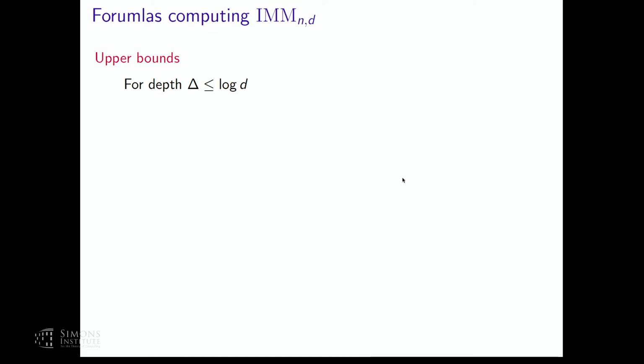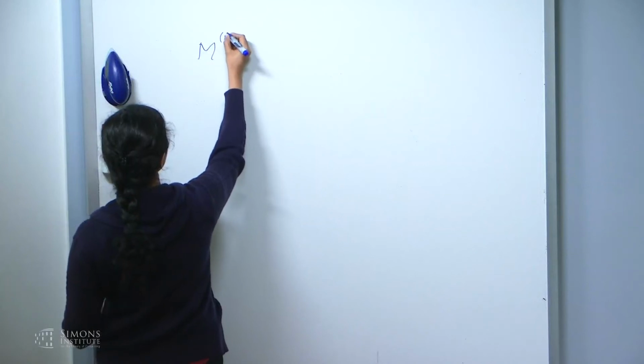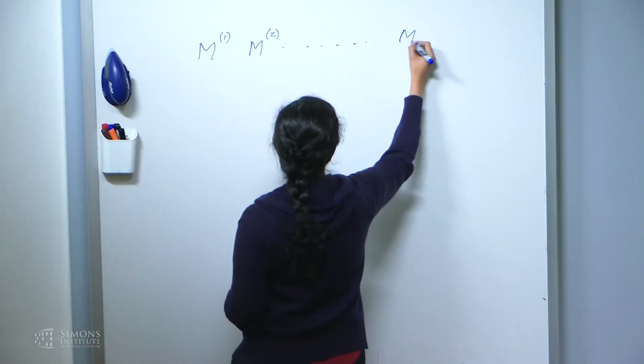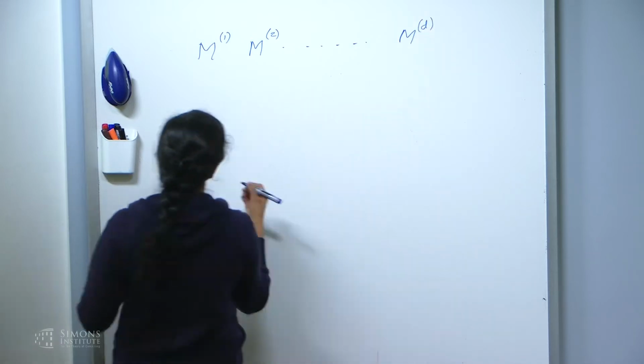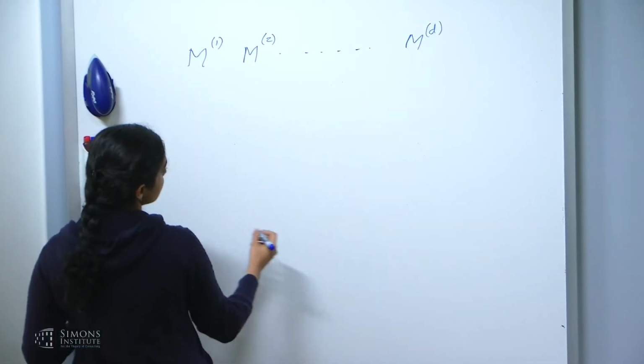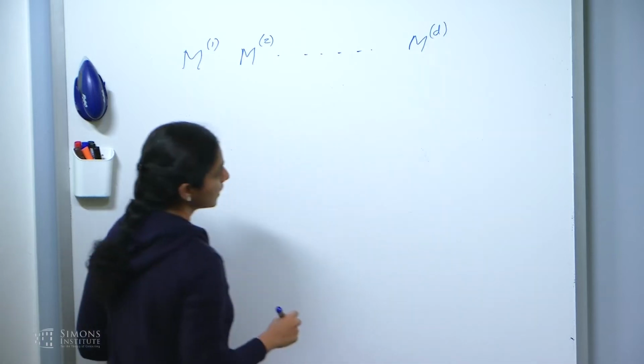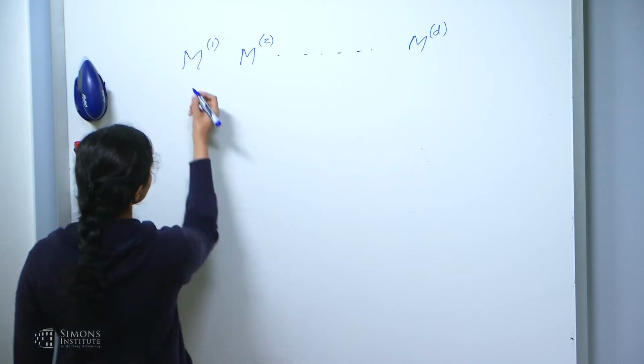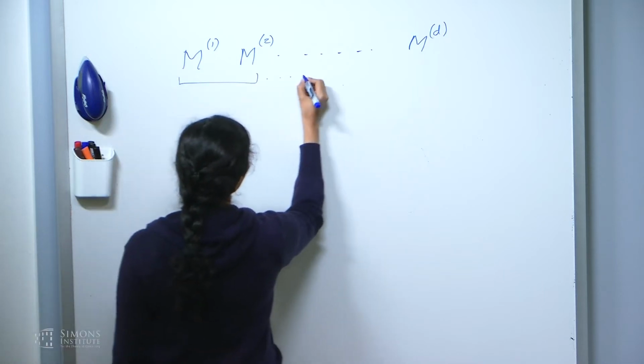No surprises there. However, suppose I was to compute iterated matrix multiplication by depth delta circuits. So I have this instance of iterated matrix multiplication, and I want to compute the resultant using a depth capital delta circuit. Then the following divide and conquer strategy may be more useful.